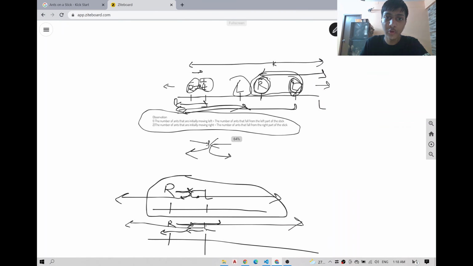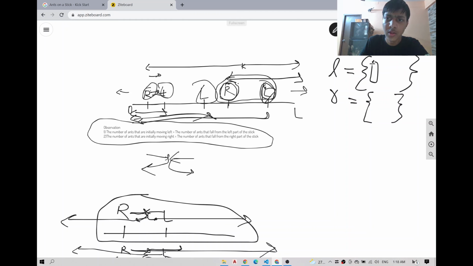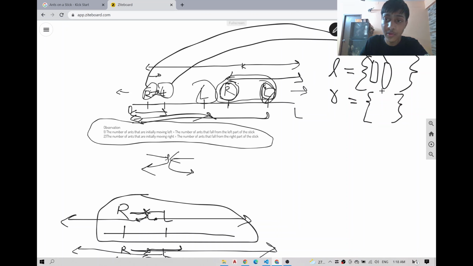So basically, say we maintain in a list L and a list R the sequence of times at which ants fall off from the left end and the sequence of times at which ants fall off at the right end. The minimum entry here will correspond to the leftmost ant falling from the left end. The second minimum entry here would correspond to the second leftmost ant falling from the left end.